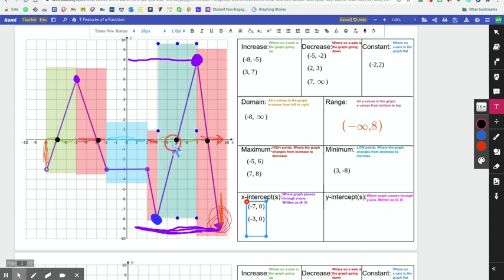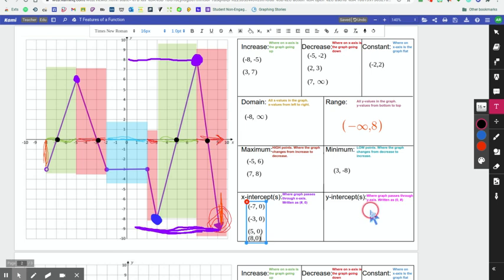What about this next black dot? 5, comma 0. And we have one more. How would we write that last one? 8, comma 0. Okay, so that's all of our x-intercepts.